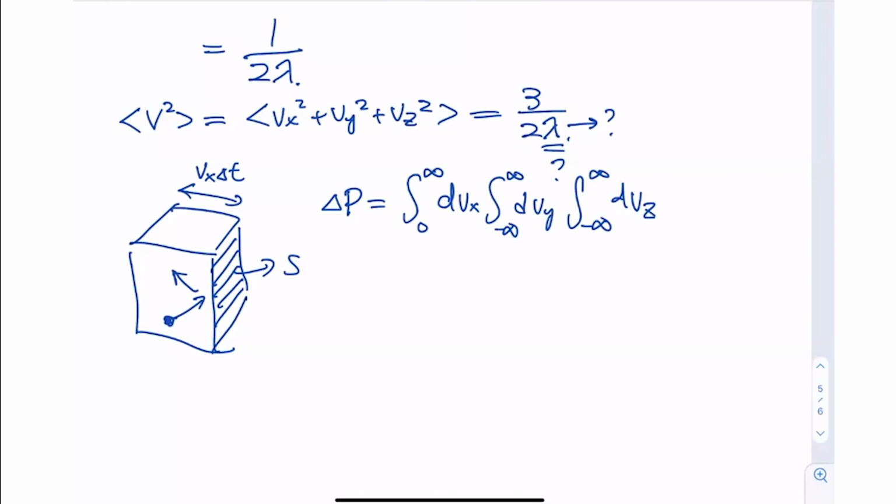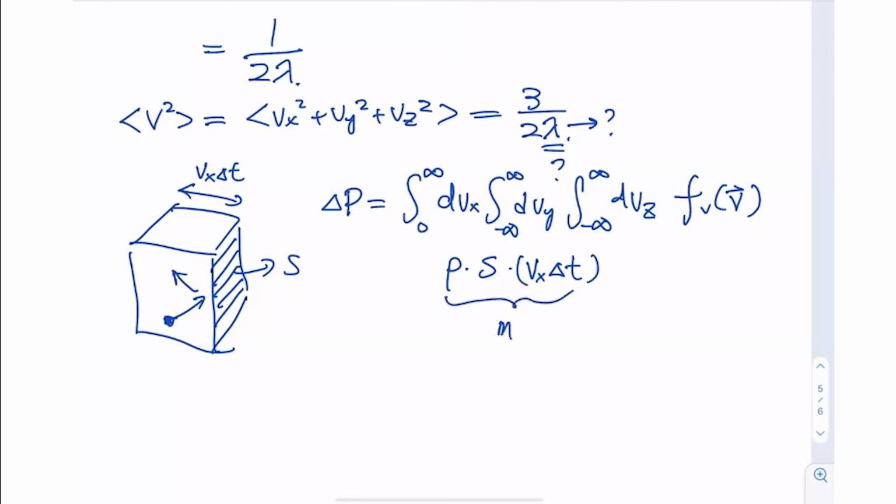And the distribution function that we already got, and the density of the particles in our system, and the surface times the length of this box perpendicular to the surface.